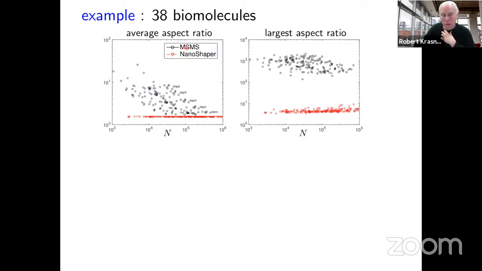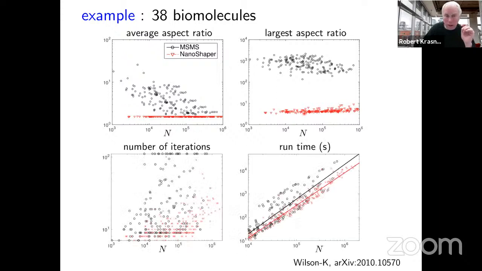For MSMS, there can be triangles with very large aspect ratio. The ideal aspect ratio is 1, for an equilateral triangle. The NanoShaper aspect ratios are smaller. If we look at any particular triangulation, we look at the largest aspect ratio. MSMS produces some triangles with very large aspect ratio. NanoShaper doesn't.